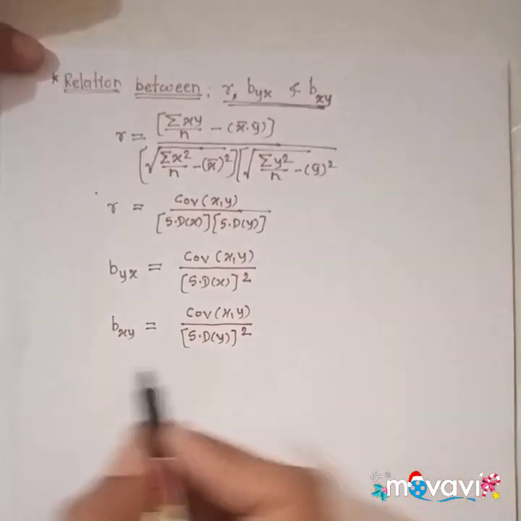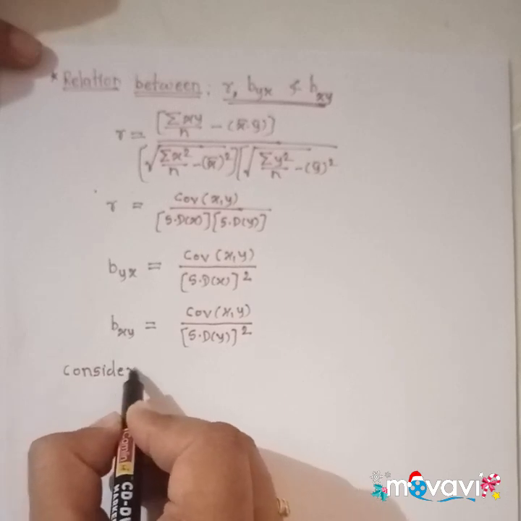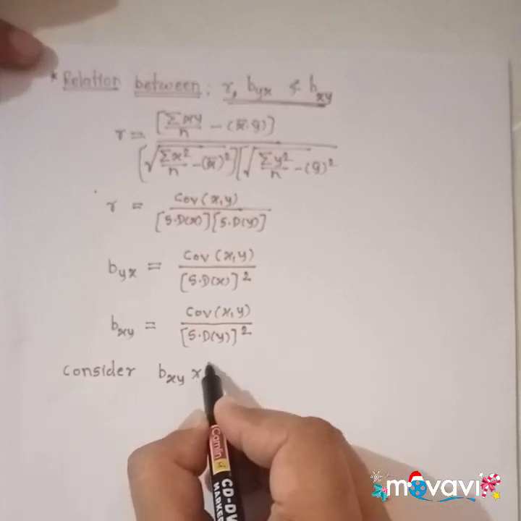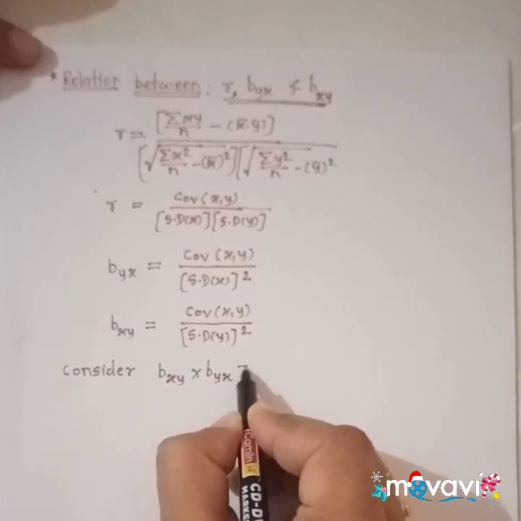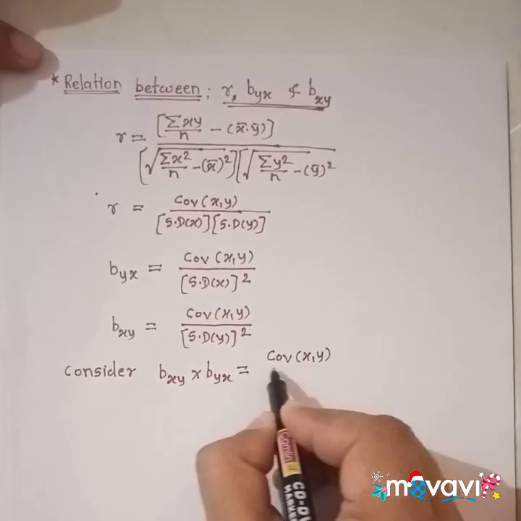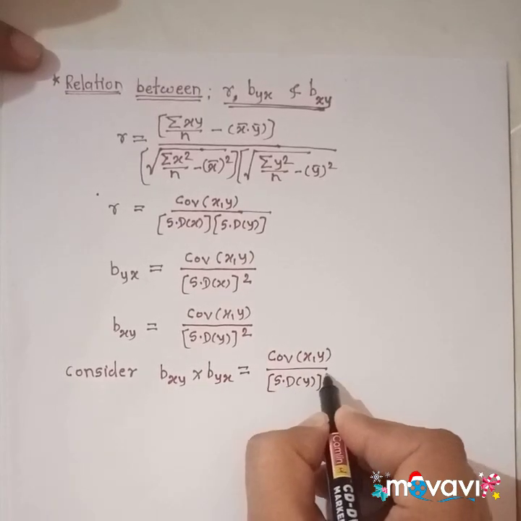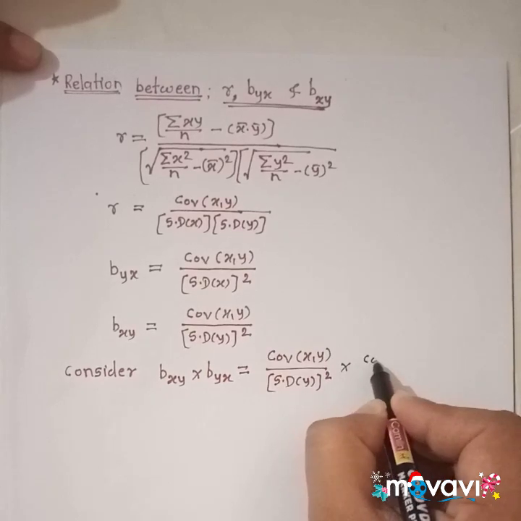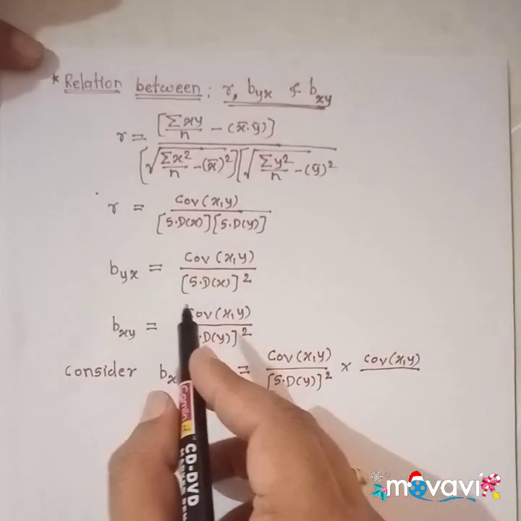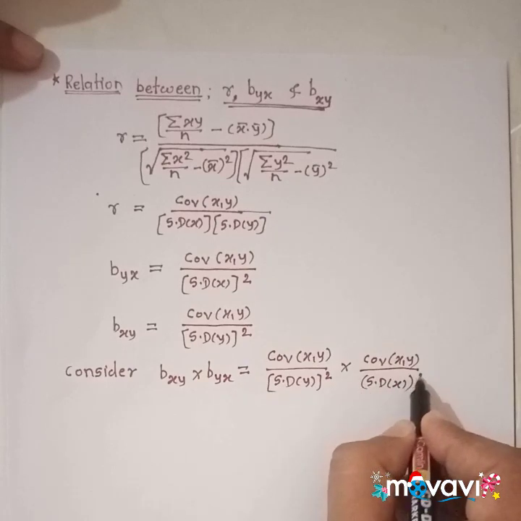So for this, first we consider product Bxy into Byx, and this is equal to covariance of xy upon standard deviation of y bracket square into covariance of xy upon standard deviation of x bracket square.